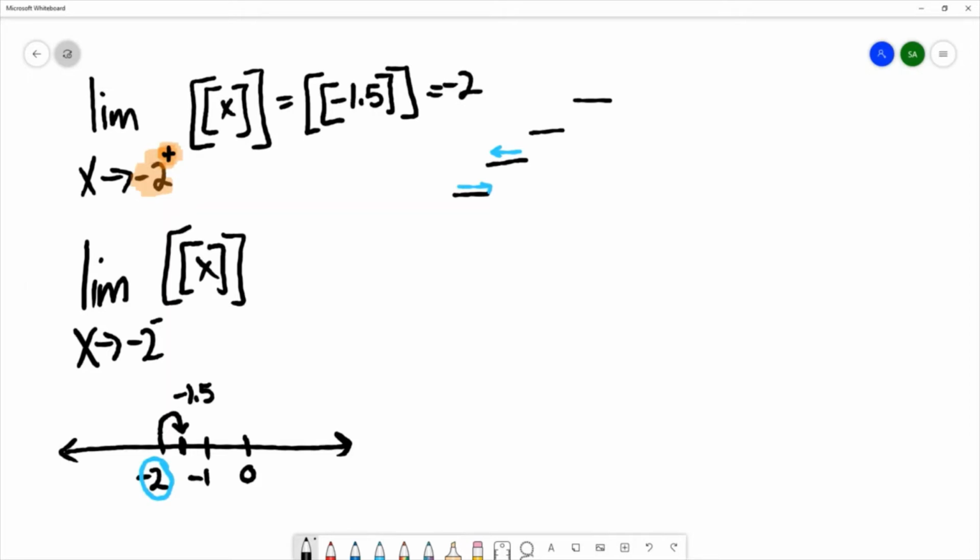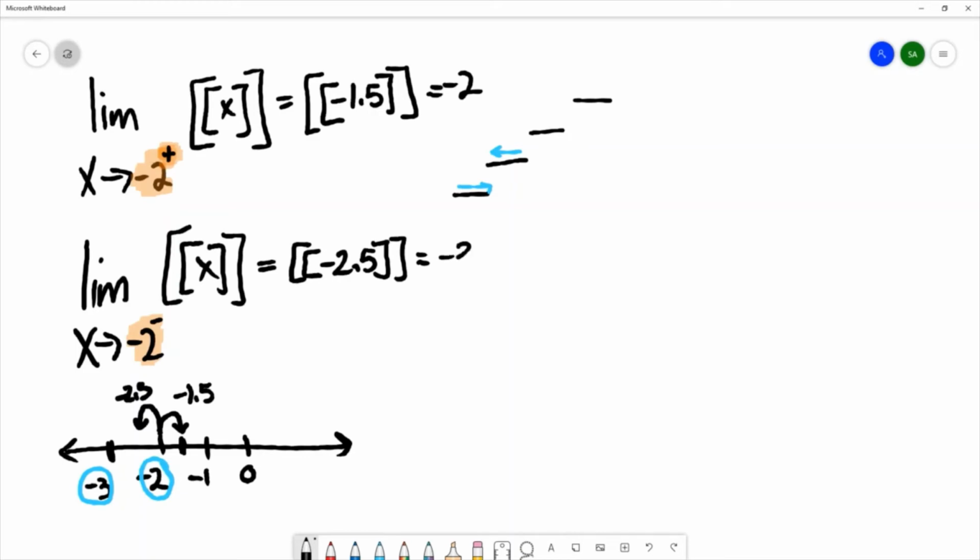Then when I'm trying to find the other one-sided limit, which is negative 2 from below, I'm going to do the same thing and make sure I pick a number that is a little bit smaller than negative 2 to substitute. That'd be something like negative 2.5. And if I use direct substitution, the greatest integer less than or equal to negative 2.5 would be negative 3, because less than is on the left when you're looking at the number line.